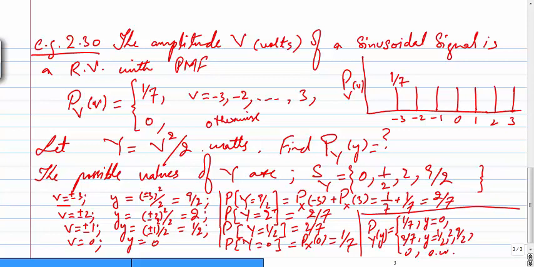So this is what we can get. So we can plot these values as well. So this is the way we can calculate the derived random variable.